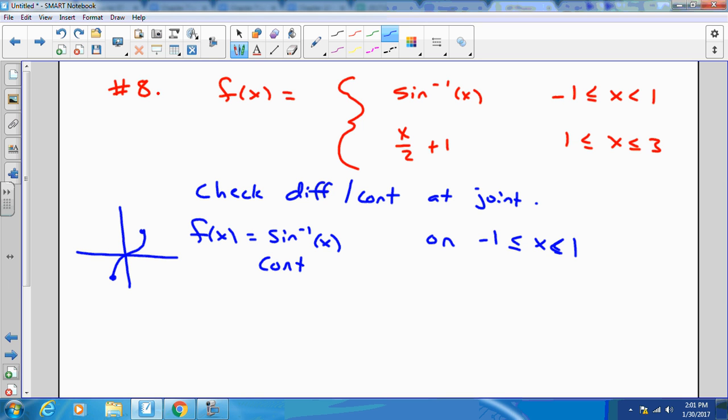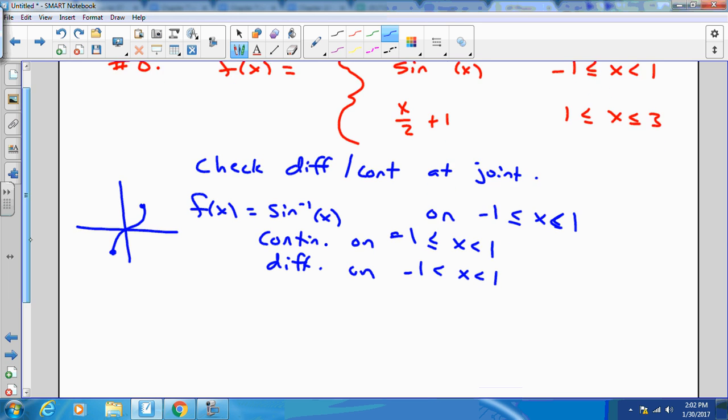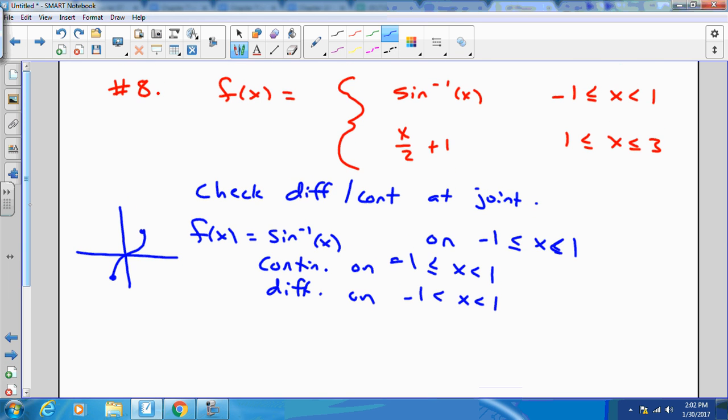and positive 1. So it is continuous on [-1, 1], and it is differentiable on (-1, 1), not including -1 and 1. That 1 worries me because that 1 is right in the middle of the interval that the question is asking about.